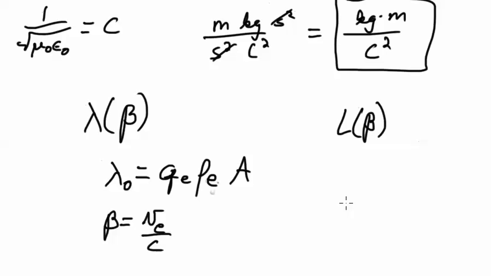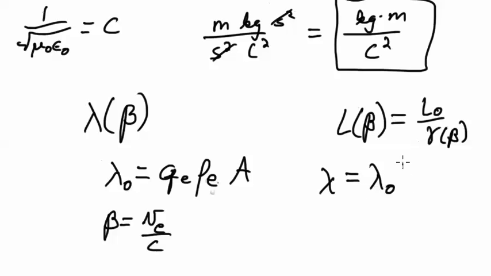Now the unit length of the wire is going to be shortened by a factor of gamma, so L sub naught over gamma of beta. But the charge carrier density is going to be multiplied: lambda sub naught times gamma of beta.